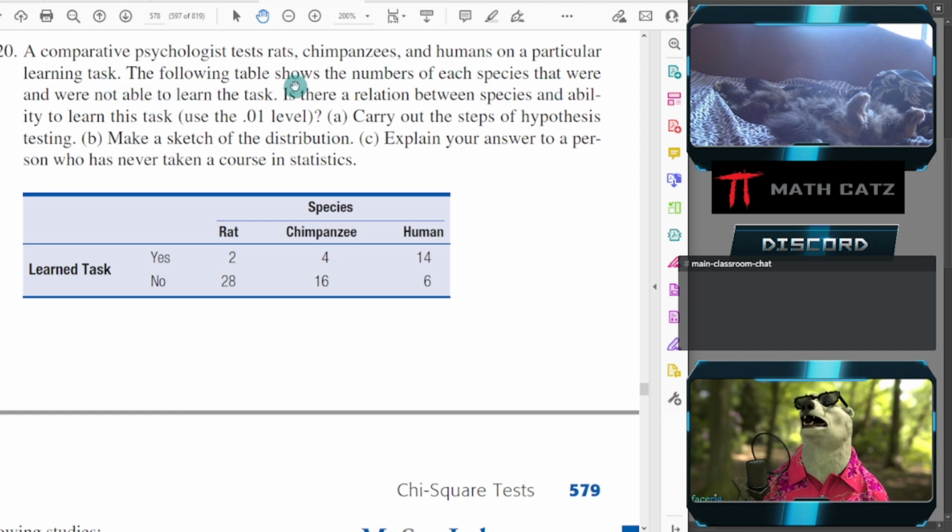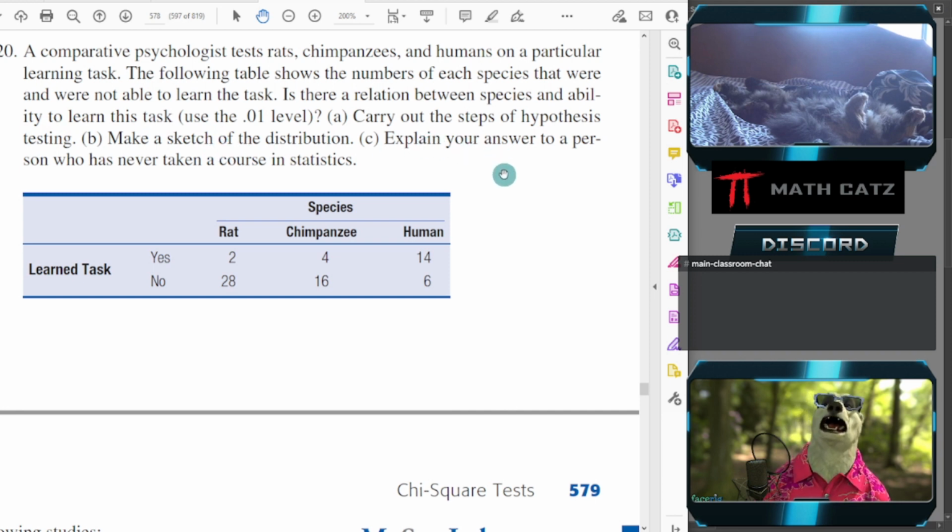The following table shows the numbers of each species that were and were not able to learn the task. Is there a relation between species and ability to learn the task? Use the 1% level.